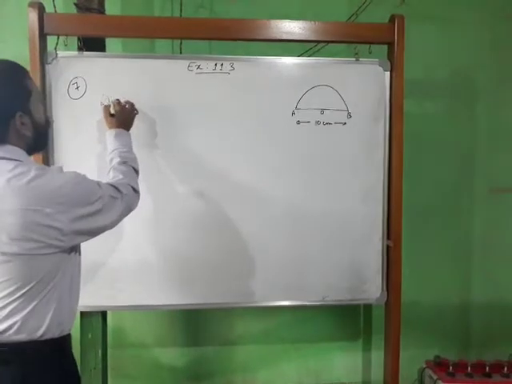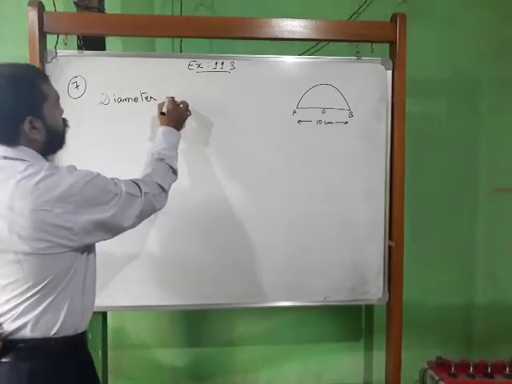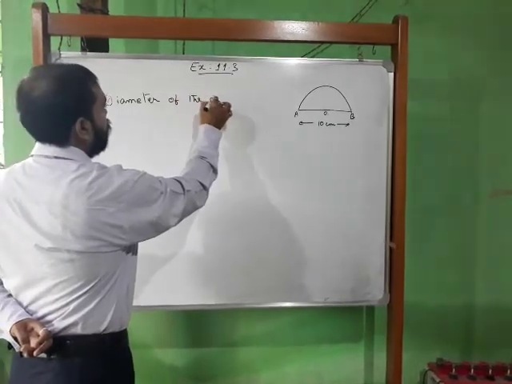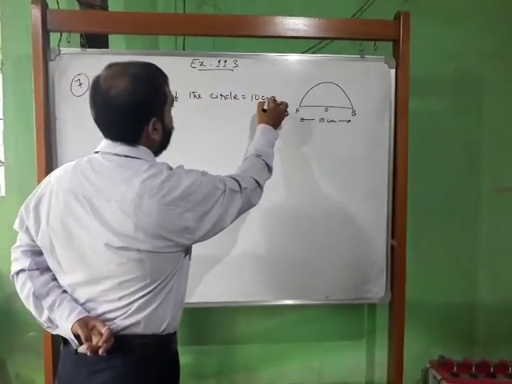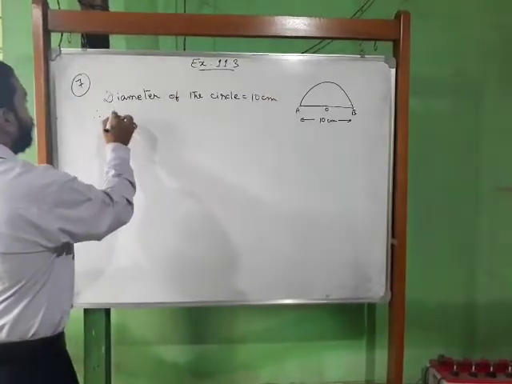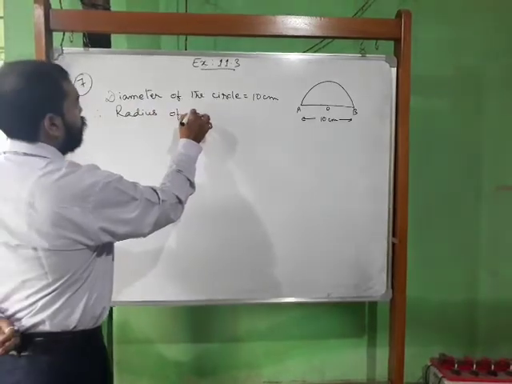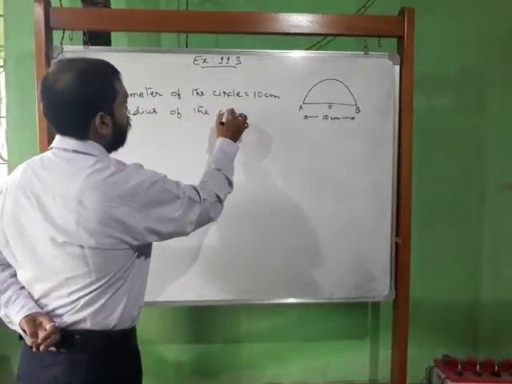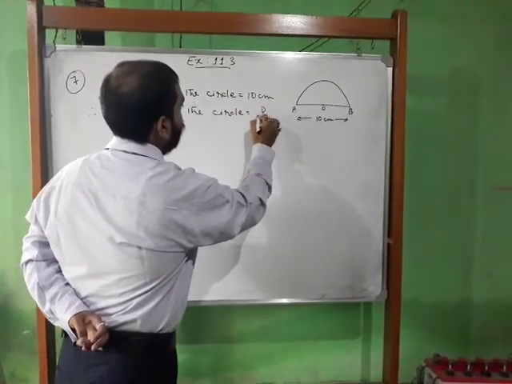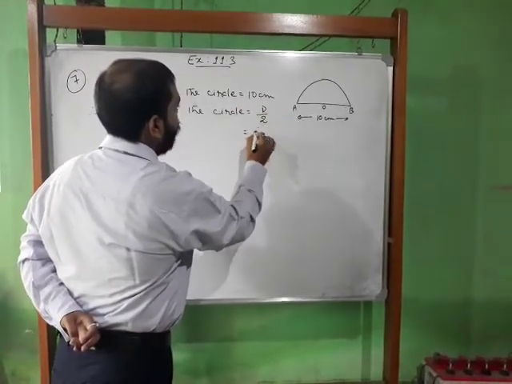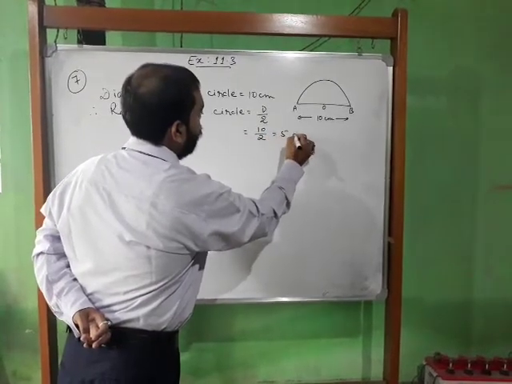Therefore the radius of the circle is d by 2, which is diameter by 2, that is 10 by 2 equal to 5 centimeter.